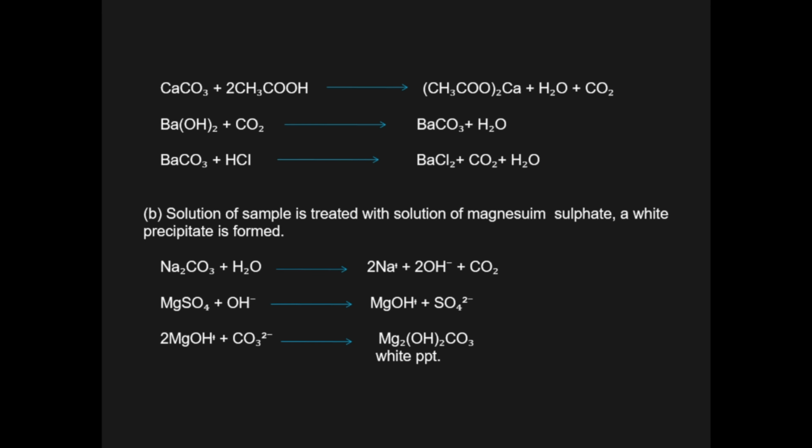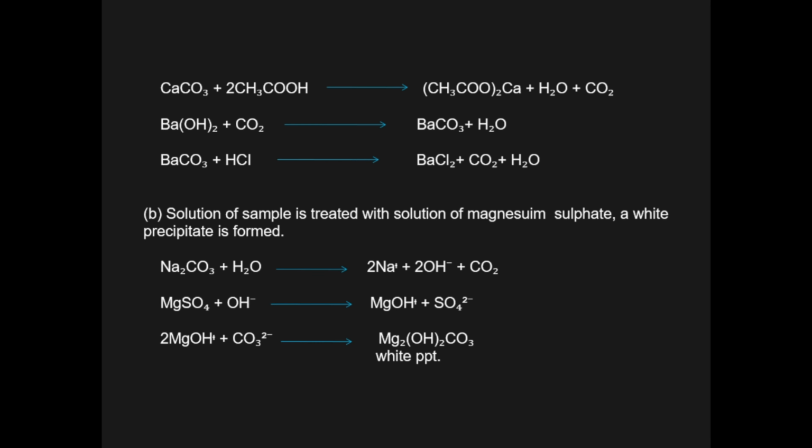The second method: a solution of the sample is treated with a solution of magnesium sulfate, and a white precipitate is formed. So when you dissolve the sample, here sodium carbonate, in water, you get sodium hydroxide with a molecule of carbon dioxide.